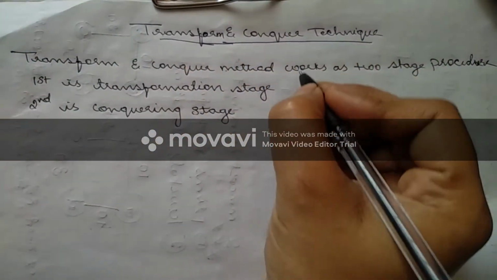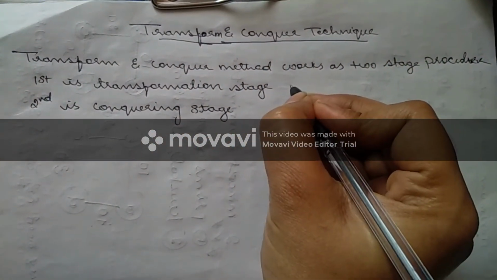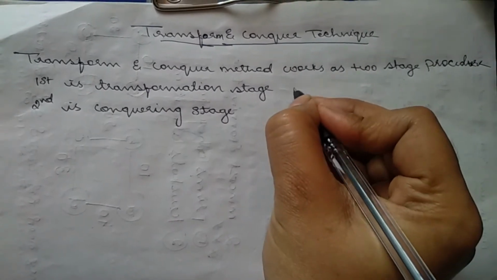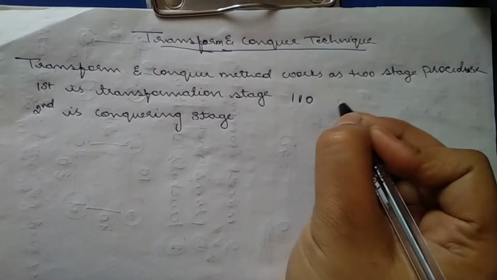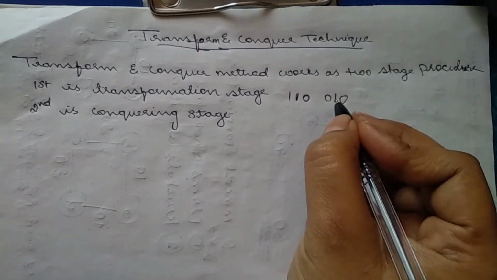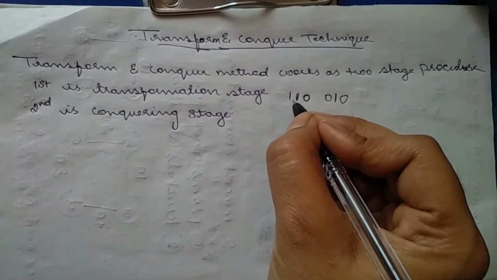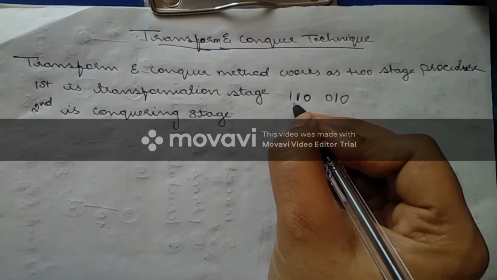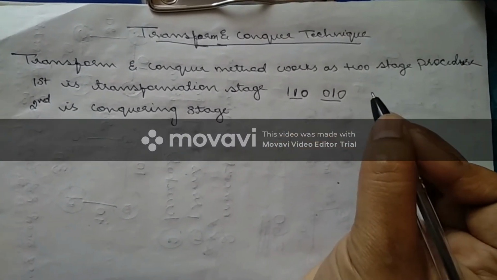See, for example, I have to multiply 110 and 010. Okay, I'll just take binary numbers. I want to multiply 110 and 010.